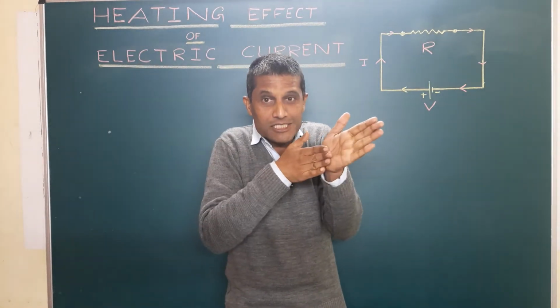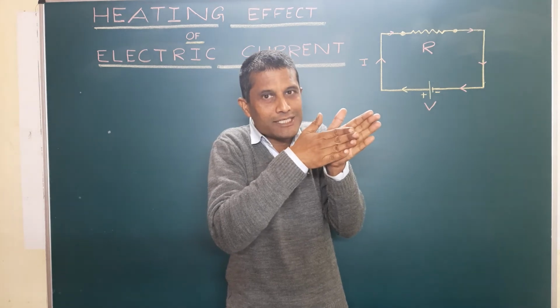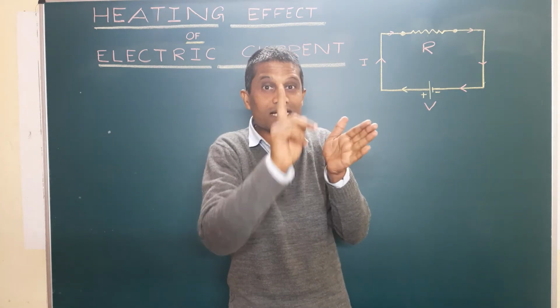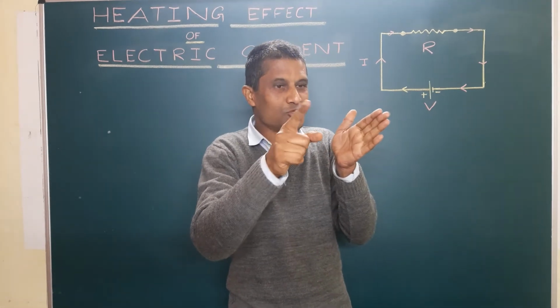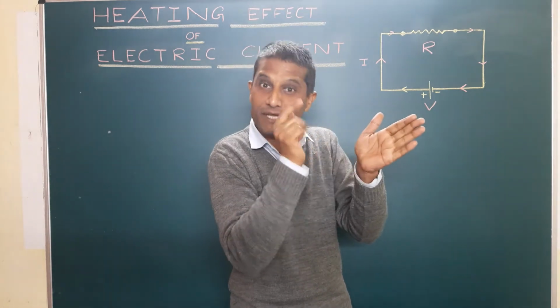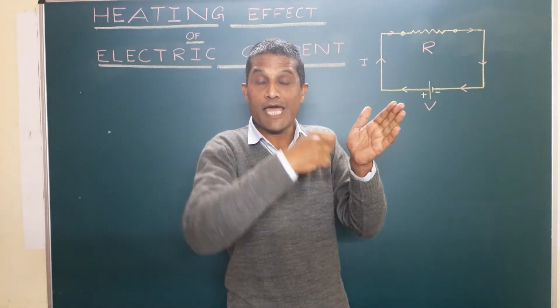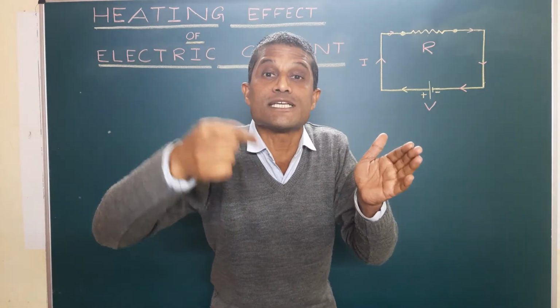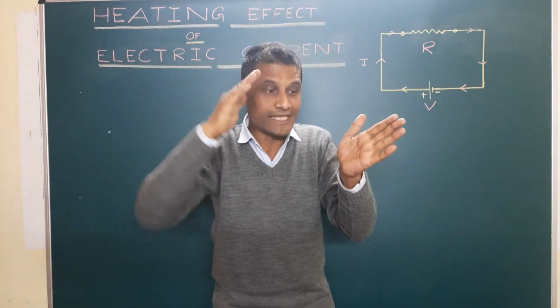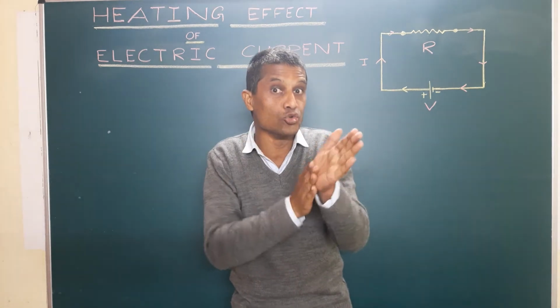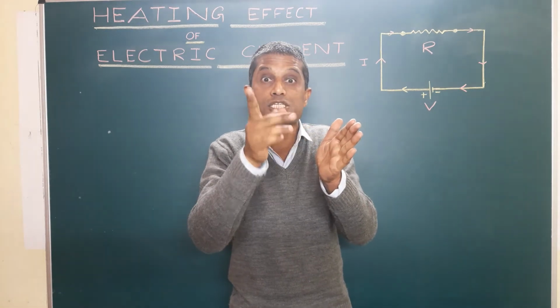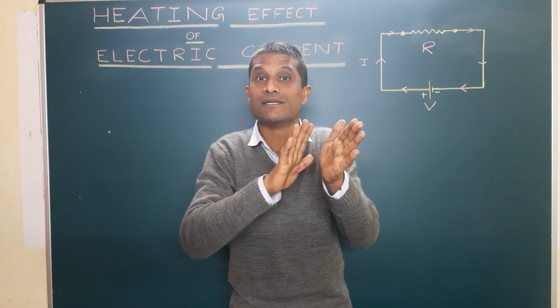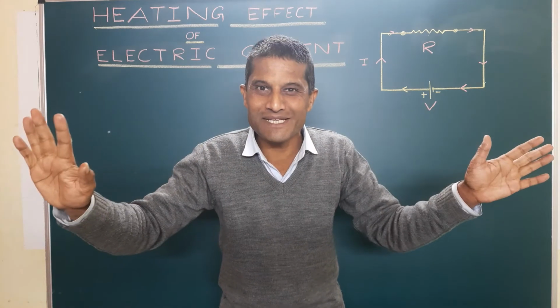So the current, while flowing through the high resistance wire, does work to overcome the resistance of the conductor. In order to do the work, the current has to spend its electrical energy. And the electrical energy used to overcome the resistance of that conductor is never going to be wasted.